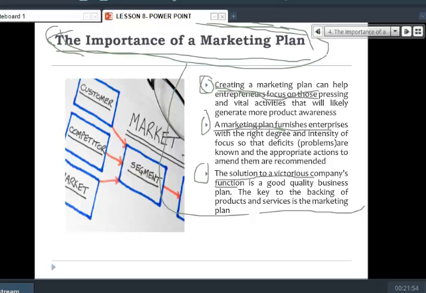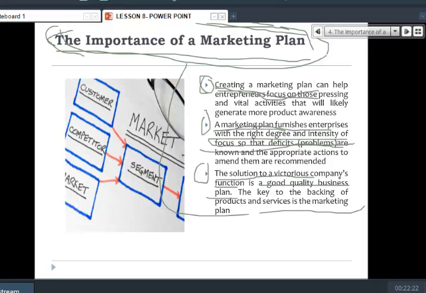So the key point here is that the marketing plan will minimize or decrease the possibility of the problems that you might face in the future. The solution to a company's function is a good quality business plan.